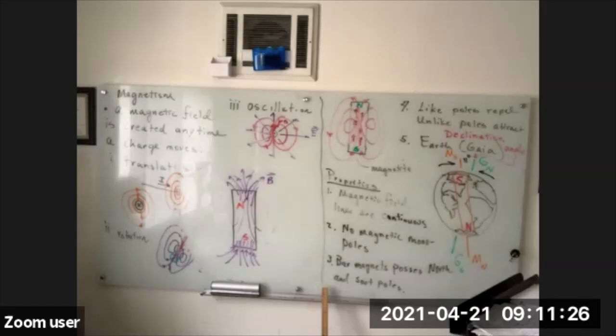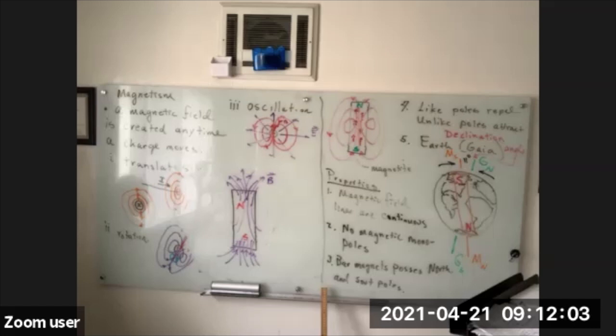And going back to that compass needle thing, by the way, that's really interesting. This idea is consistent, for a compass needle, with the idea that like poles repel and unlike poles attract.